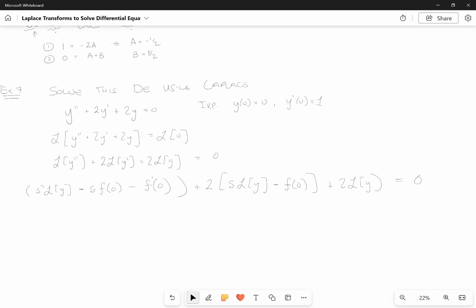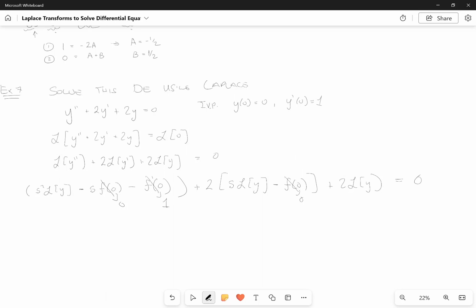And we said y at 0 equals 0 and y prime at 0 equals 1. I'm using the formula, which is fine. So f at 0 is y at 0, which is 0. F prime at 0 is 1. And we're good there.